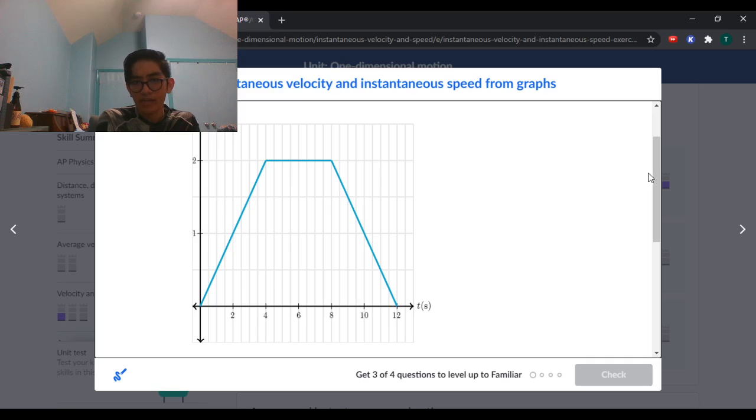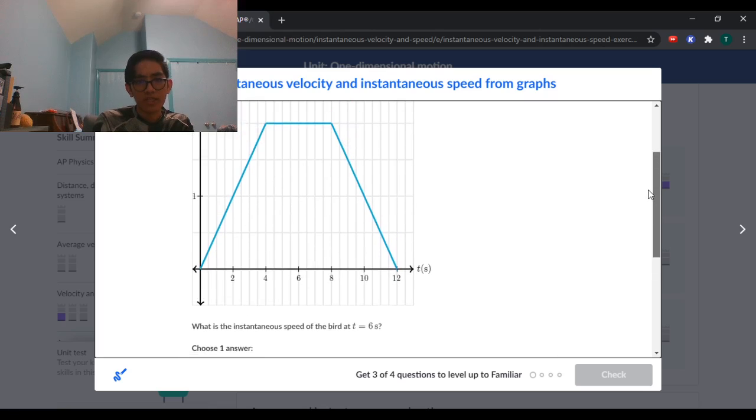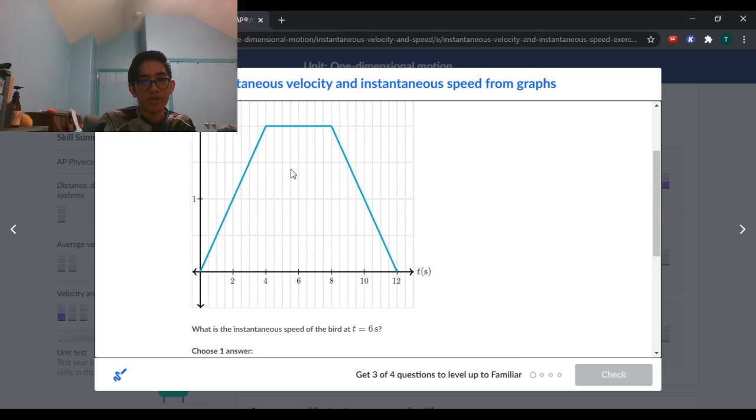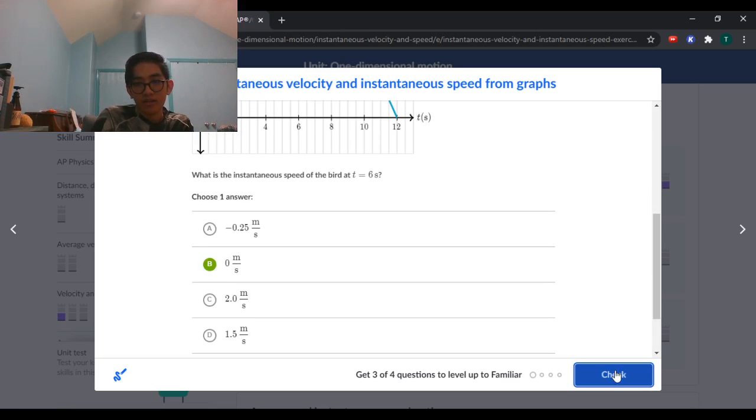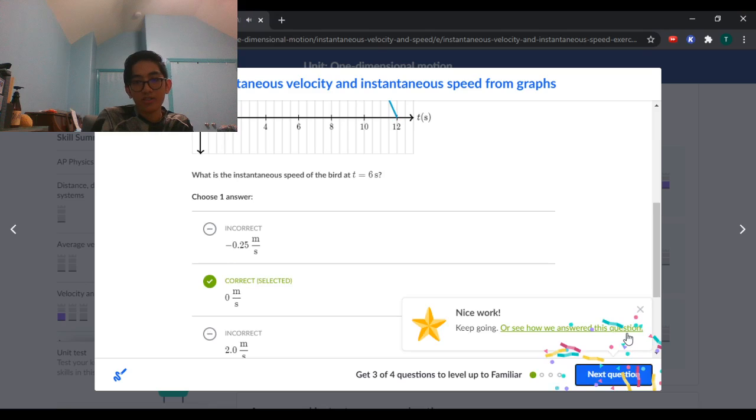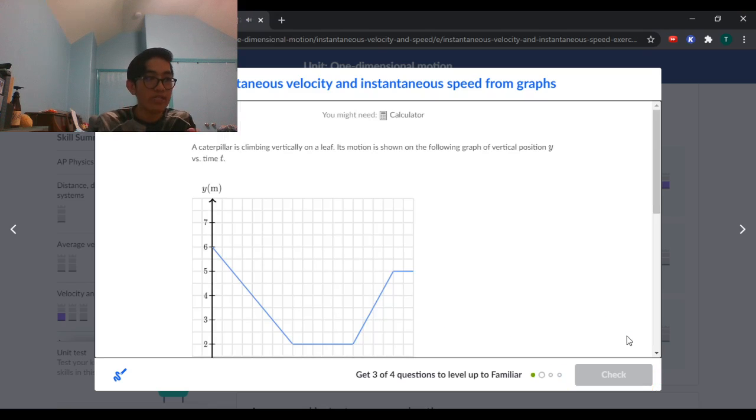From 4 to 8, the bird is not moving, right? From 4 to 8, the bird's not moving. So what's happening to the bird at 6 seconds? It's not moving, right? Because 6 falls between 4 and 8 seconds, a period in which the bird isn't moving.